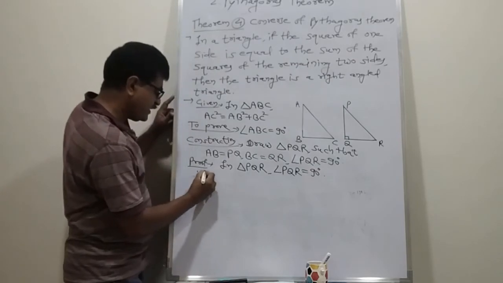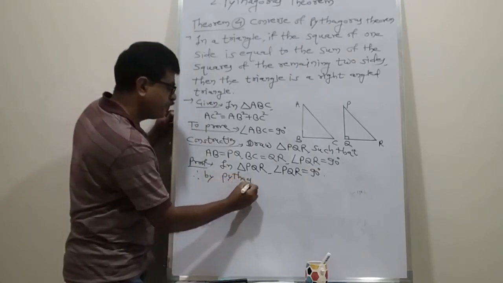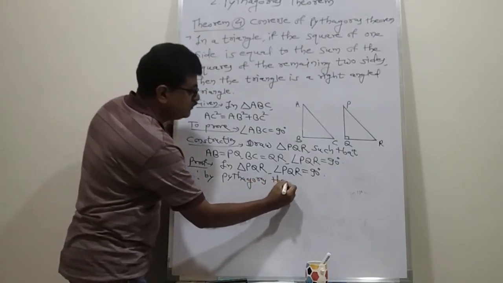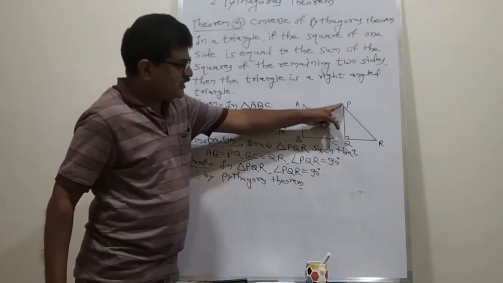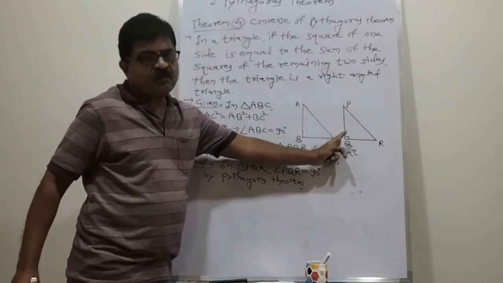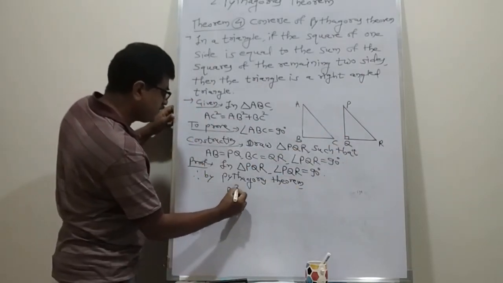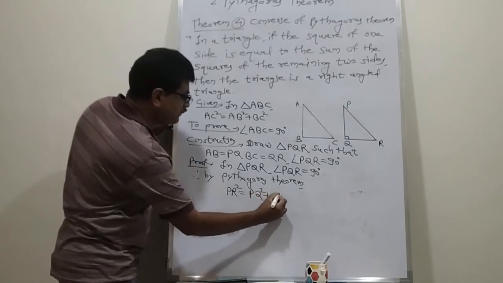Therefore, by Pythagoras theorem, PR square is equal to PQ square plus QR square.